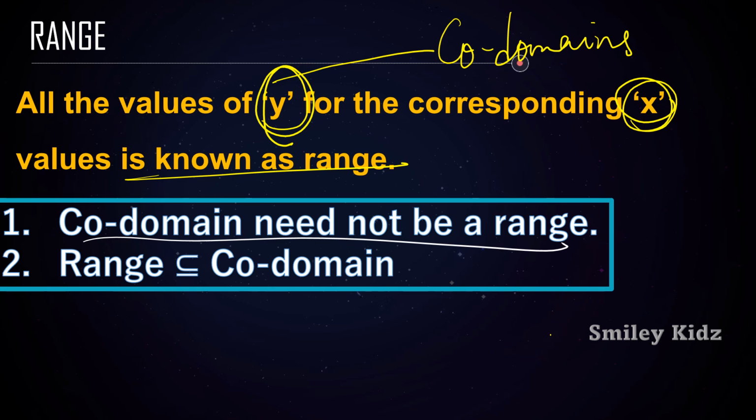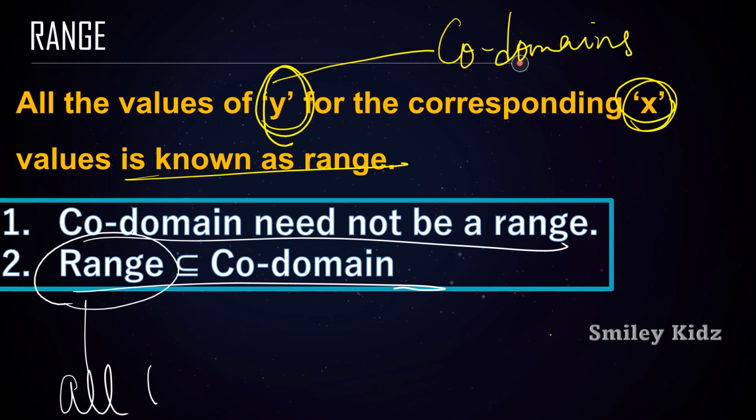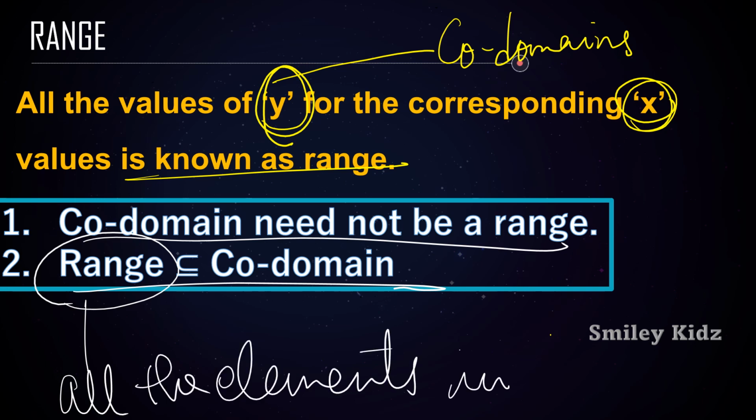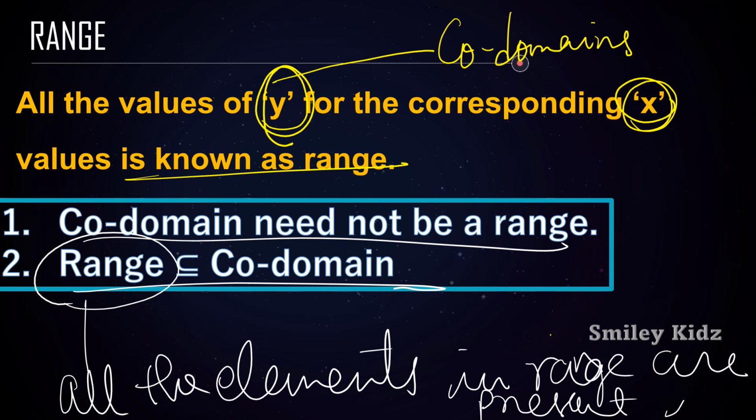And then range is a subset of codomain. That means all the elements in range are present in codomain. That is what it means.